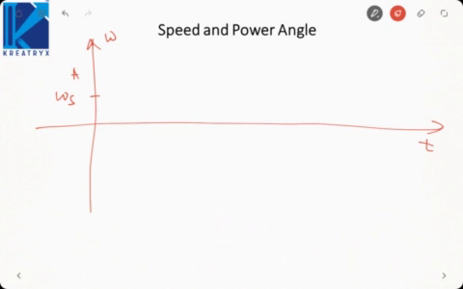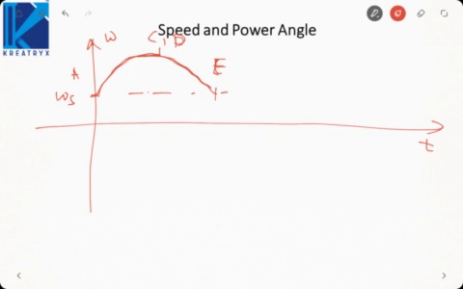Then, when the fault occurred, we moved from A to B suddenly, and from B to C, the speed was increasing. Now, when the fault is cleared at C, we move to point D, and from D to E, the speed was decreasing, and it again becomes equal to synchronous. This is at point E. This was the case of first swing.